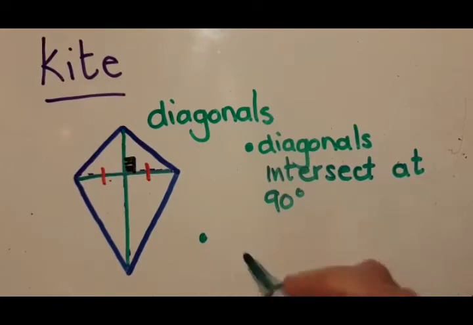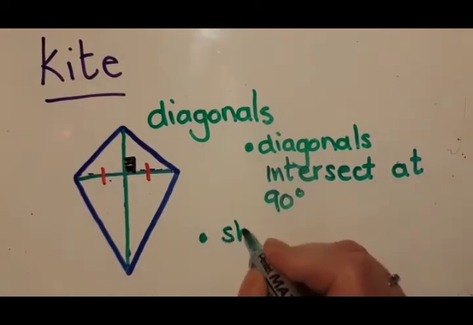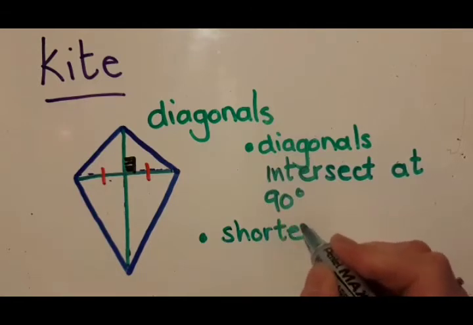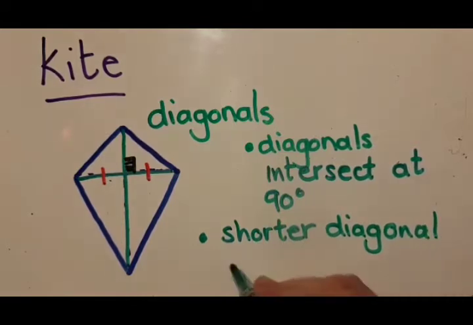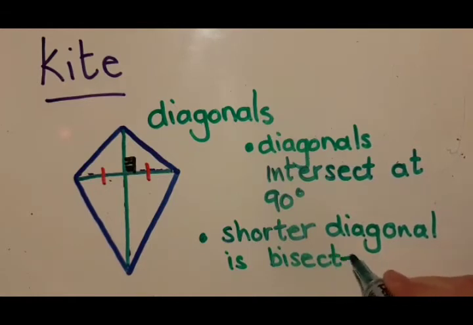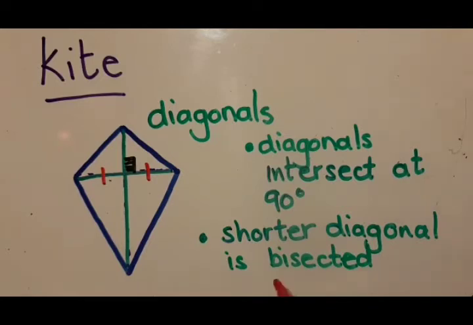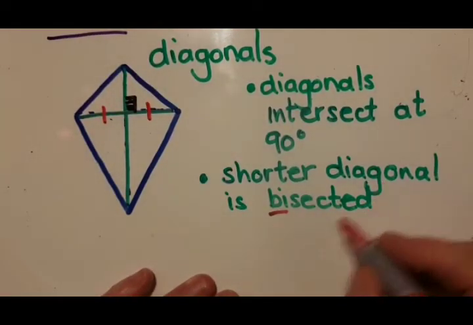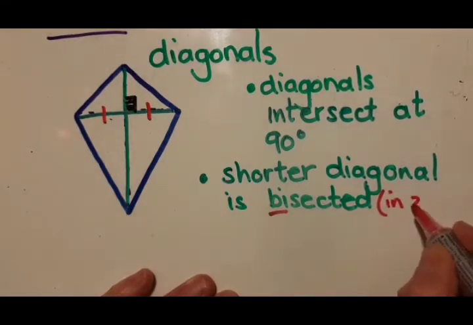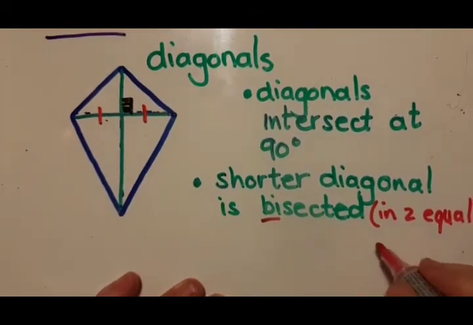Second point, the shortest or the shorter diagonal is bisected. Now bisected means cut into two. So it is cut into two when there is an intersection, and so that is in two equal parts.